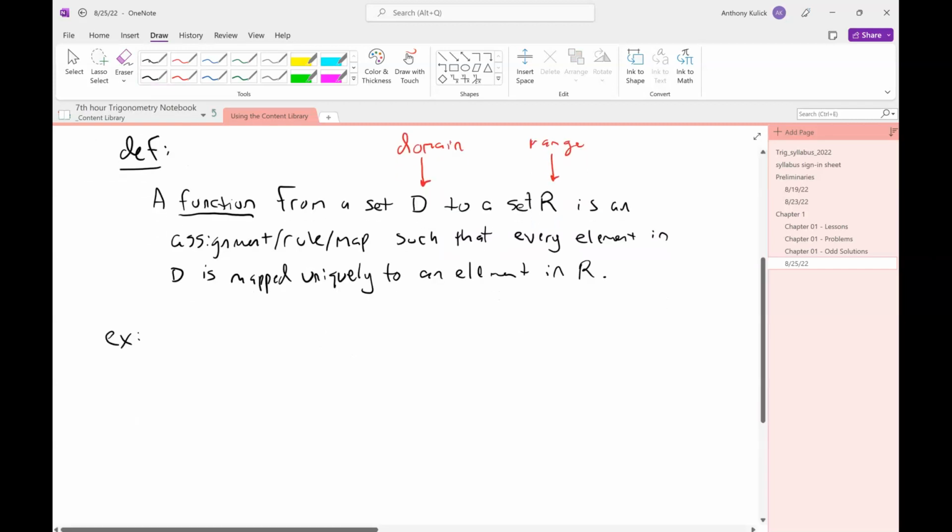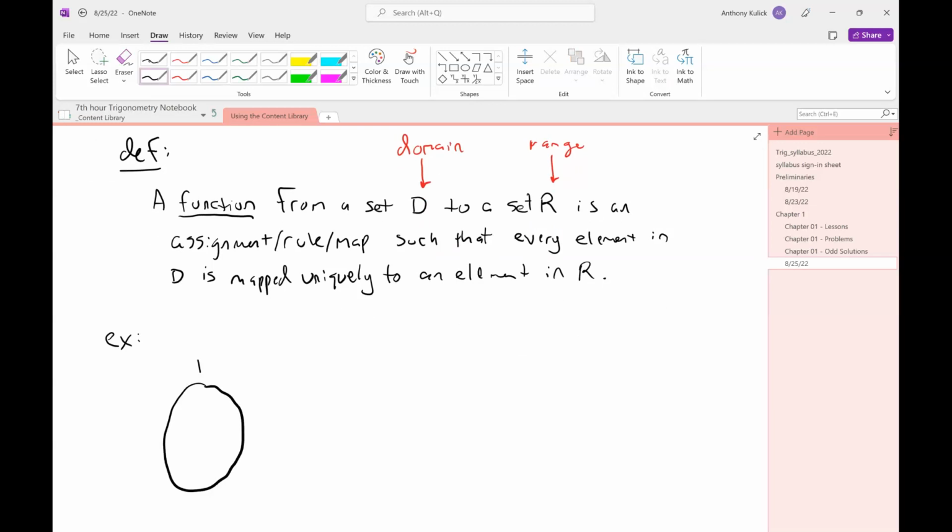So back in your Algebra 2 class, you have talked about some different ways to represent a function. One of those ways was with something called a mapping diagram. So a mapping diagram is just like a visual representation of a function. The first circle there is my set D, and the little dots inside of the circle are the elements inside D. And then the circle labeled R is our range, and the little dots are the elements inside the range.